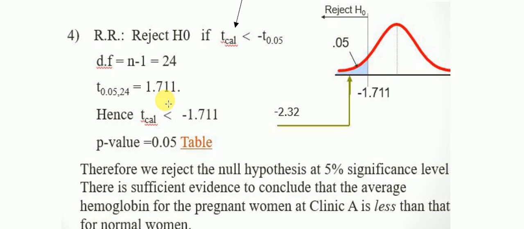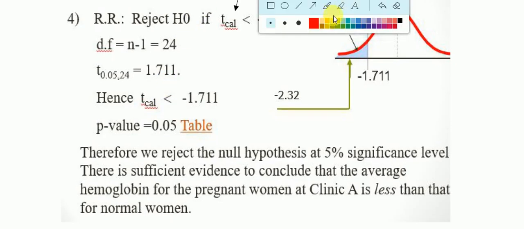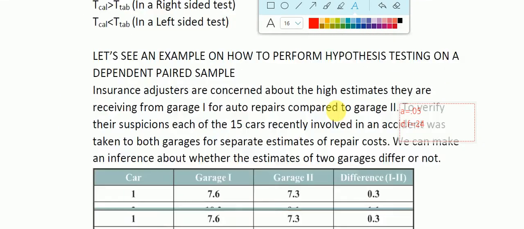Let's write them over here. Alpha is equal to 0.05 and degrees of freedom is equal to 24. So let's go to our T table and see what we have got.